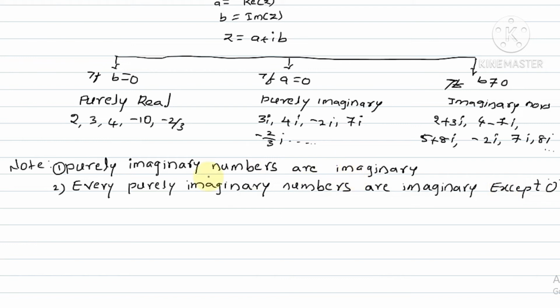So this I will conclude. For example, 0 equal to, we can write 0 plus iota 0. See, the second statement is every purely imaginary number is imaginary except 0. Clear? Because 0 is not imaginary, this statement means.